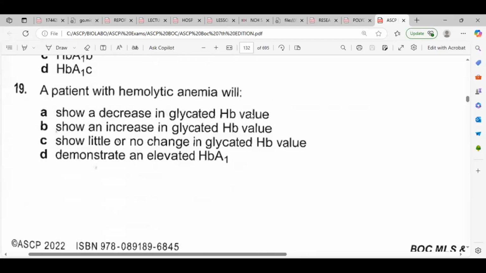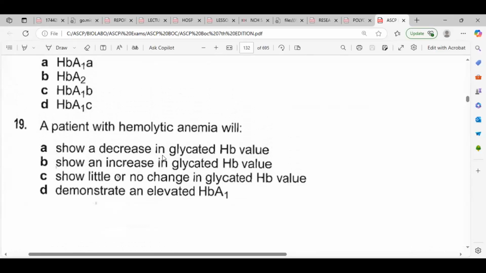It can somehow influence the decrease, but your concern is very true, because newly produced RBCs will not contain the same amount of glycated hemoglobin as the old ones.